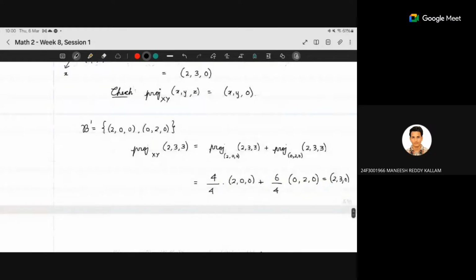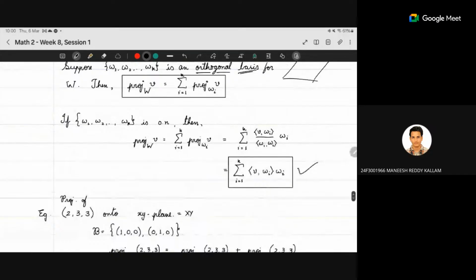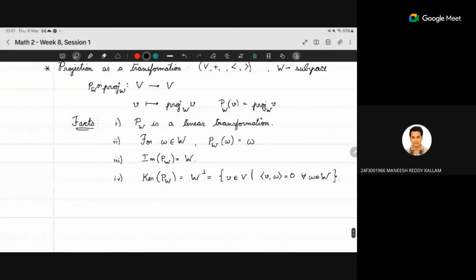You write it as a linear combination of the W_i's, and these W_i's are in W. So all the projections are in W. Irrespective of what vector you take, you will land in W, which means your image is a subset of W. But then W goes to W. Projection of any vector in capital W is just itself. So actually every vector in W is the image of something.